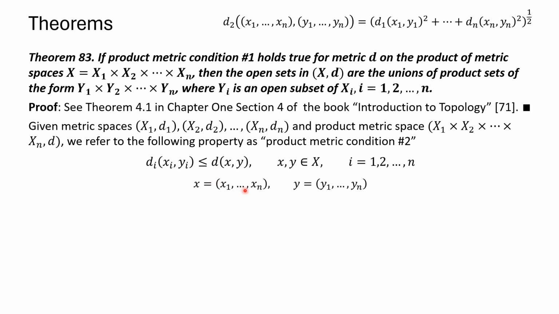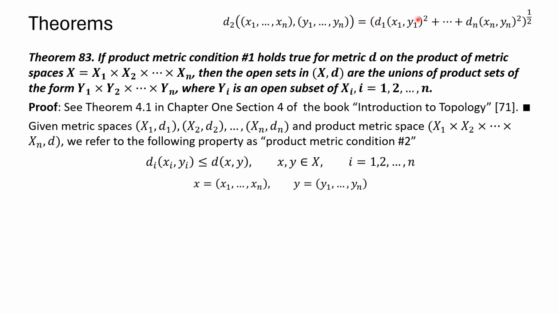So that's true for the p norms that we've looked at, and that's why I put this up here at the top. If you take p equals 2, for example, then the distance between x sub 1 and y sub 1, that distance is less than the distance between the two elements here.